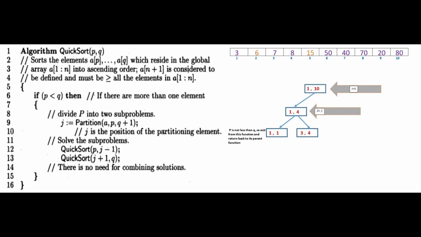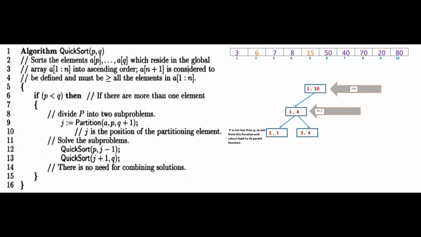Now we are in the beginning of that function with the parameters p and q. That is p is equal to 3 and q is equal to 4. P less than q, 3 less than 4, condition true. So divide the problem into two subproblems.